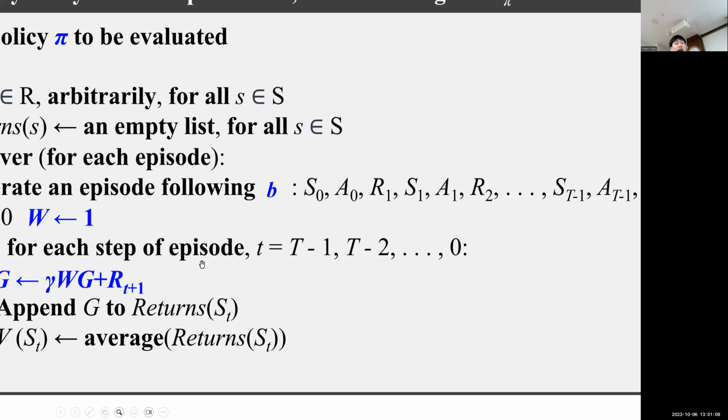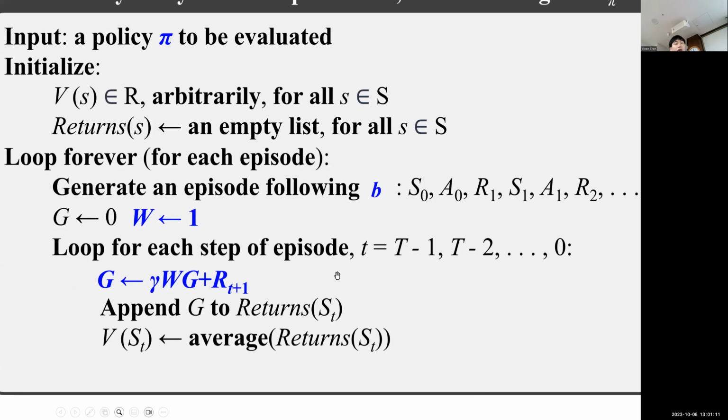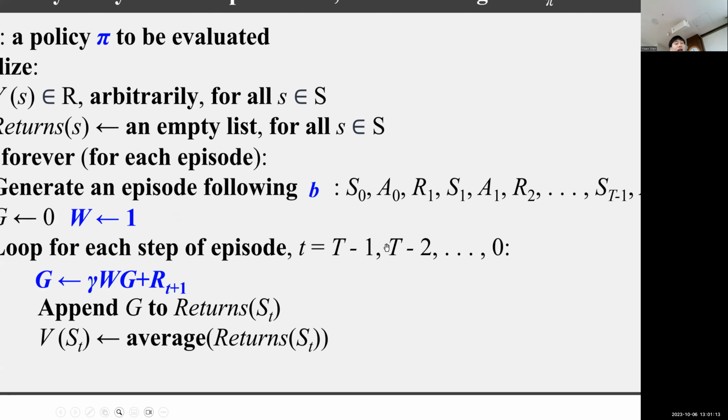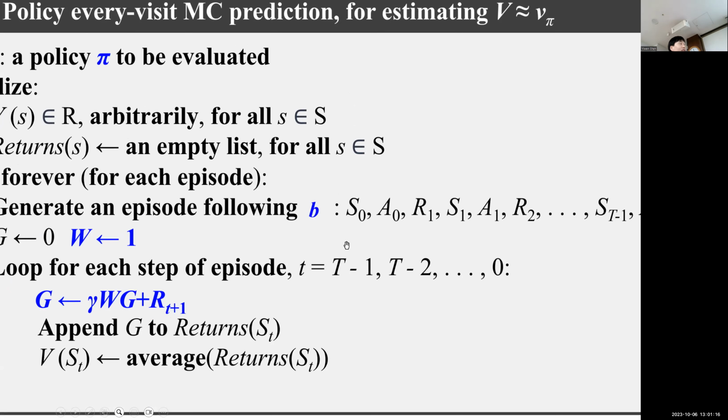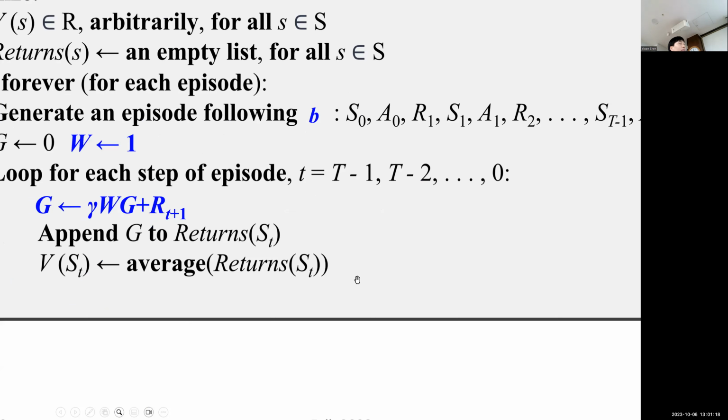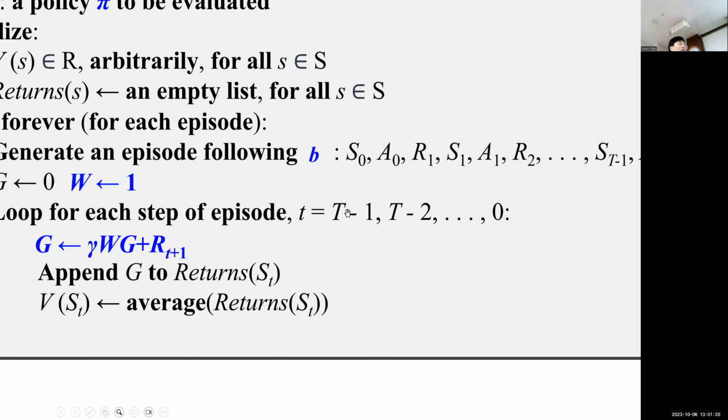When we check each step, actually we do it in reverse. We start from the second to last step, the step before termination, T minus 1, and go down until 0.